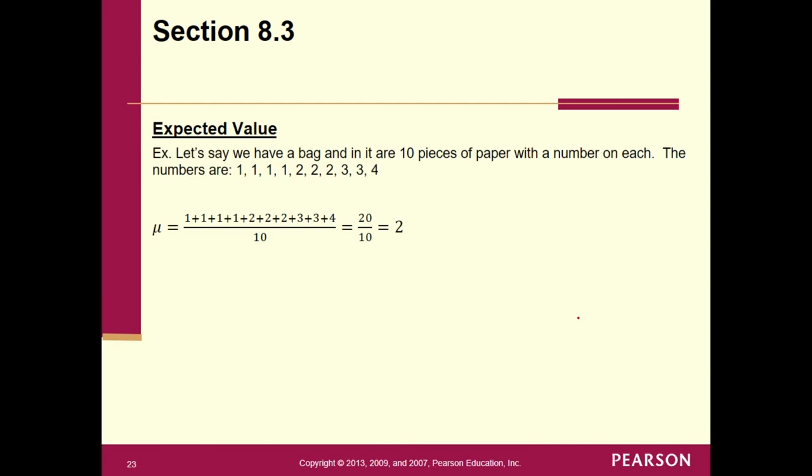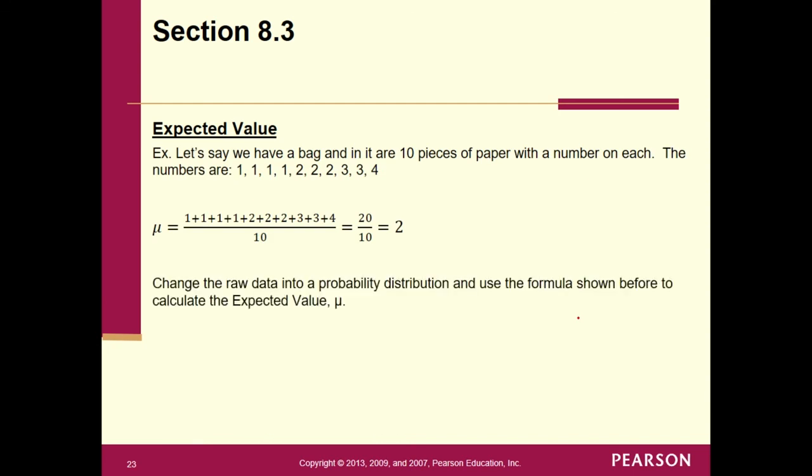So we're going to put that off to the side for right now. We know that mu is equal to 2. But what we're going to do is change these raw pieces of data into a probability distribution function, really a probability distribution table. So I'm going to show it in a table.